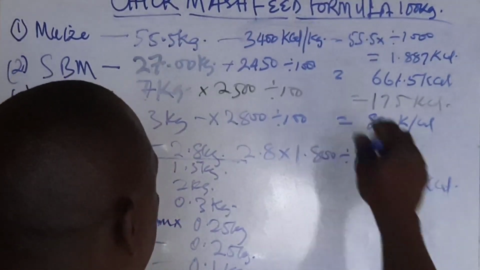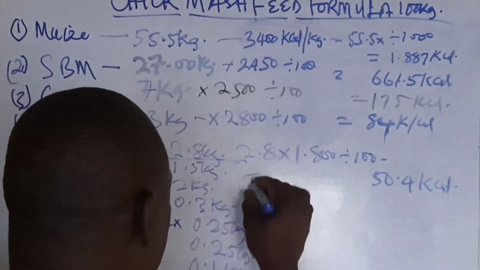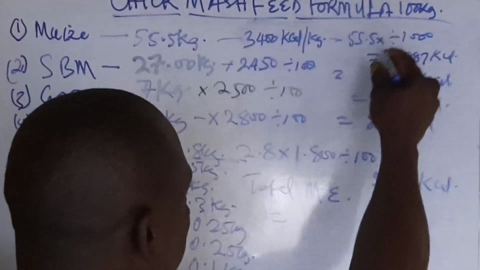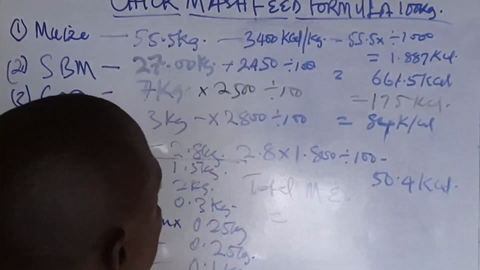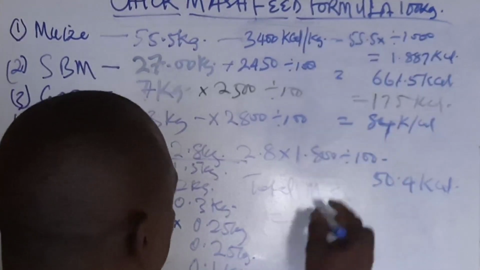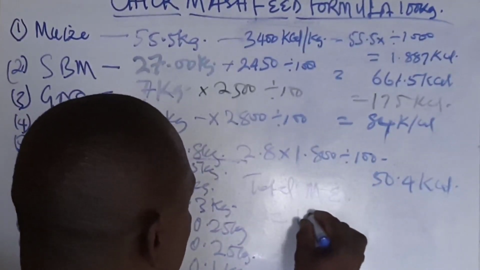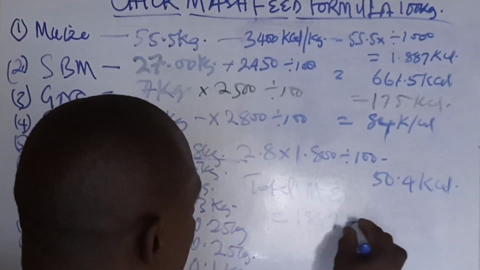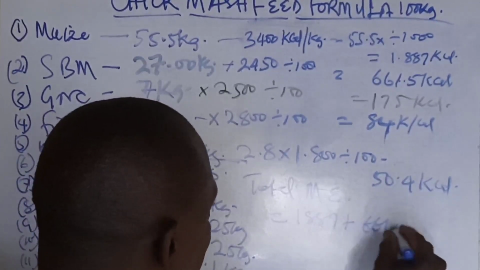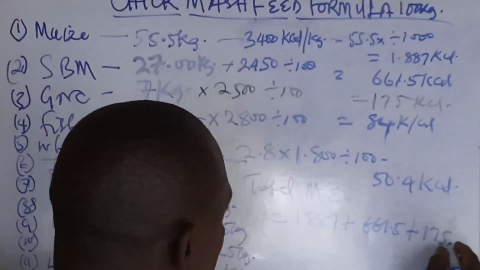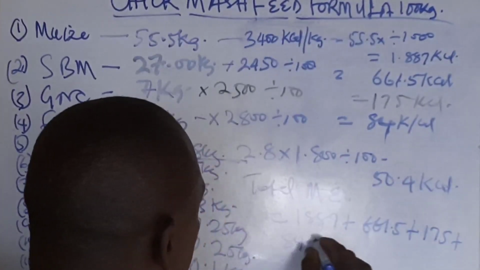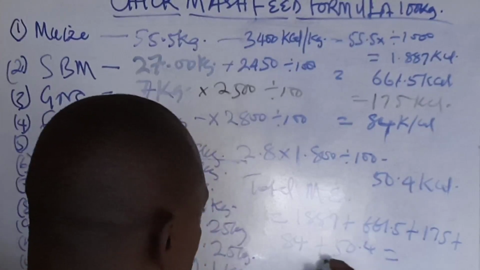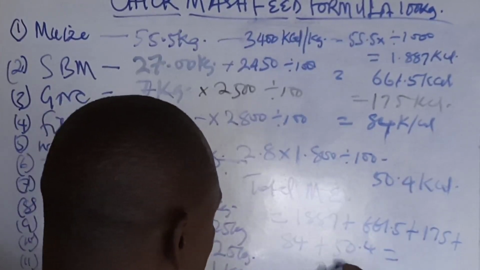So what we do now is to get the total metabolizable energy. Total metabolizable energy equals, add up all this from beginning to end. That is 1,887 plus 661.5 plus 175 plus 84 plus 50.4.